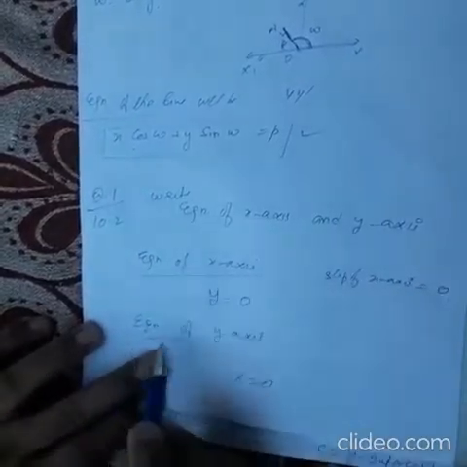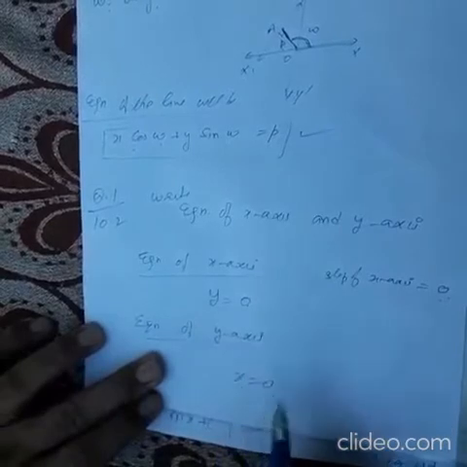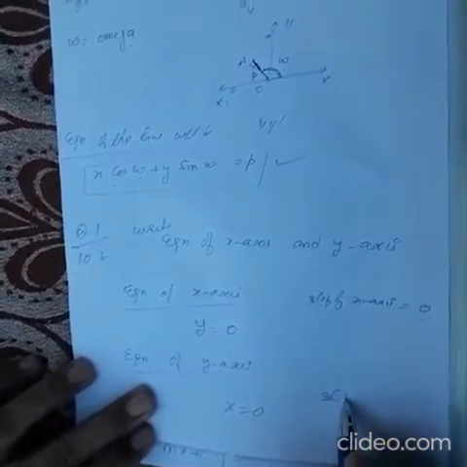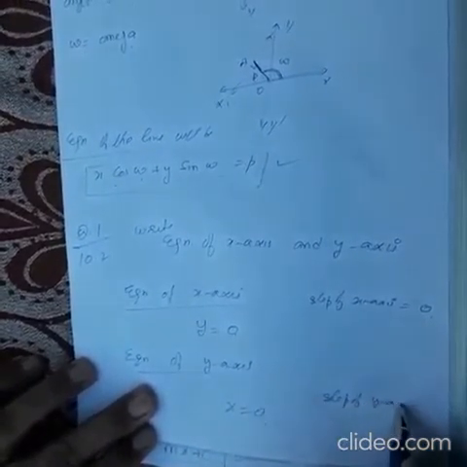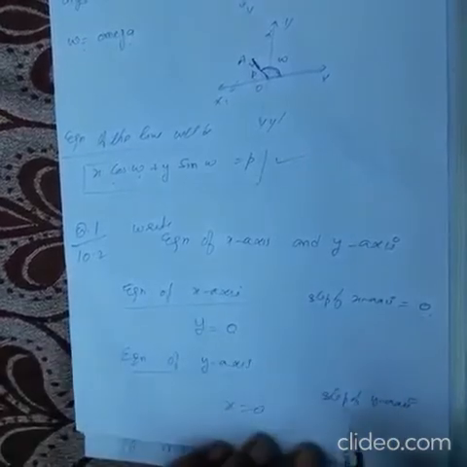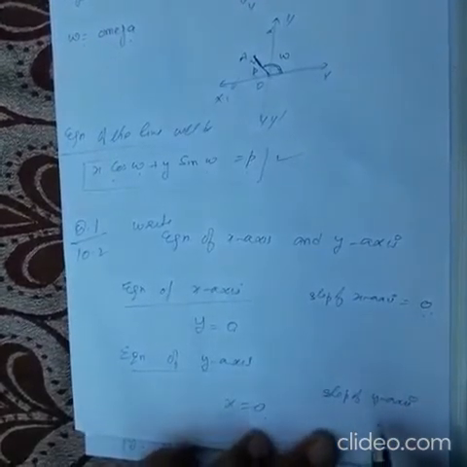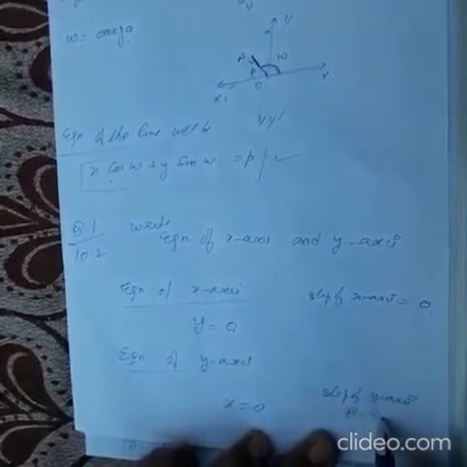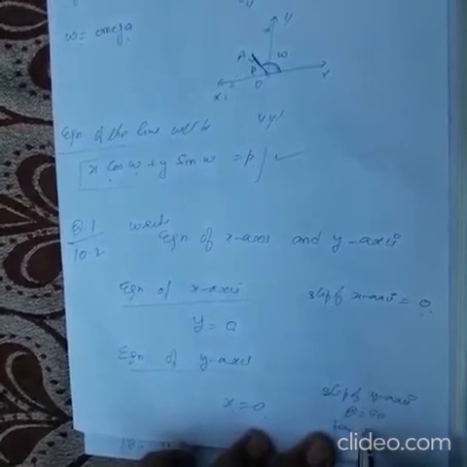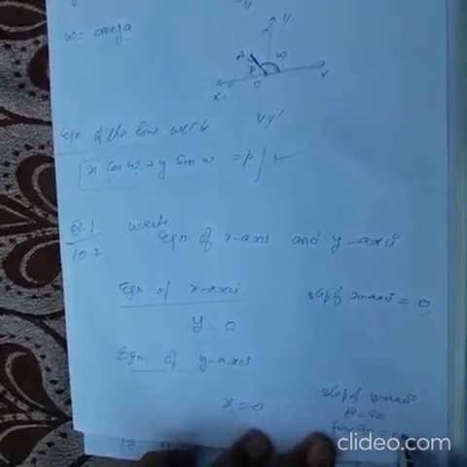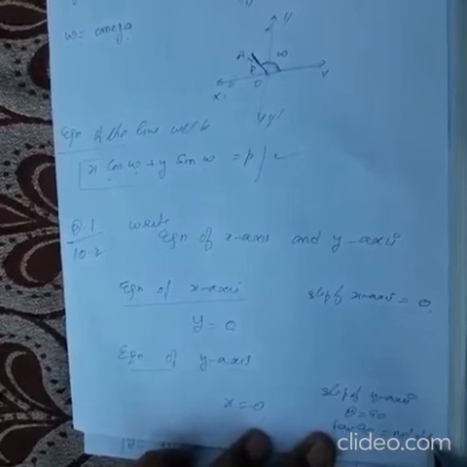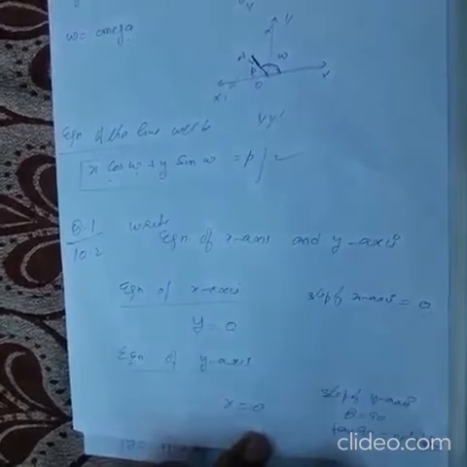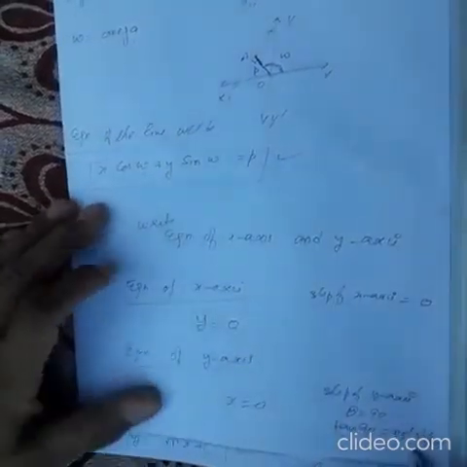And the equation of the y-axis is x is equal to 0. Now can you tell me what will be the slope of the y-axis? The angle here is 90, and tan 90 is not defined. So the slope of the y-axis is not defined.